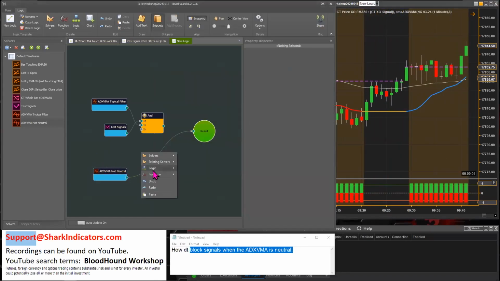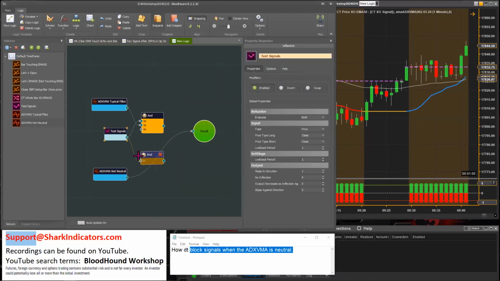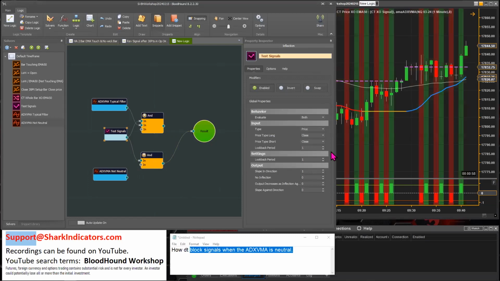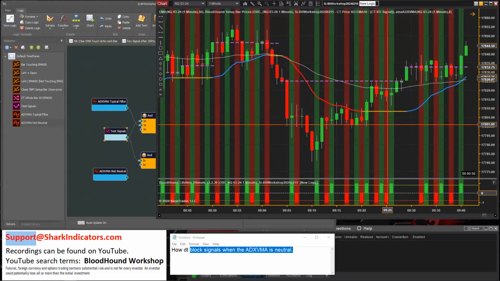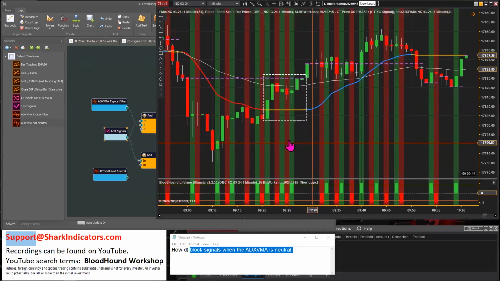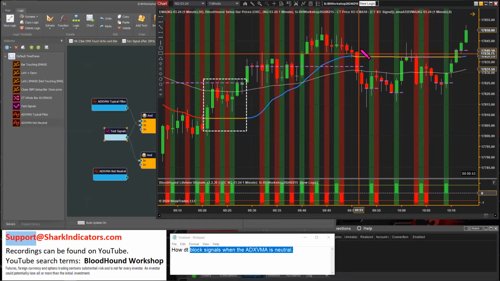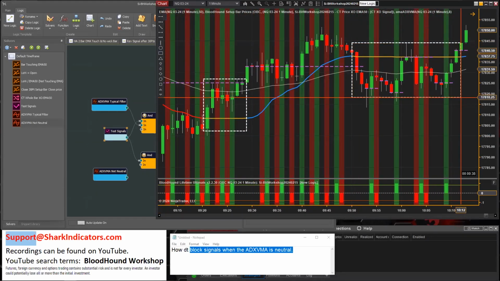So we can add another AND node here. Connect that in. Right, there's all of our signals, even when it's neutral. There we go, neutral, neutral.